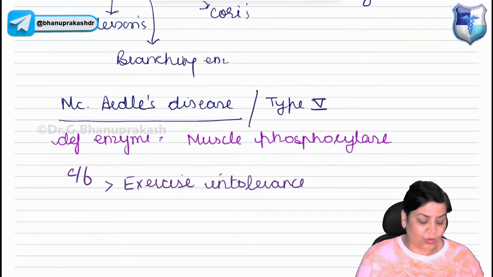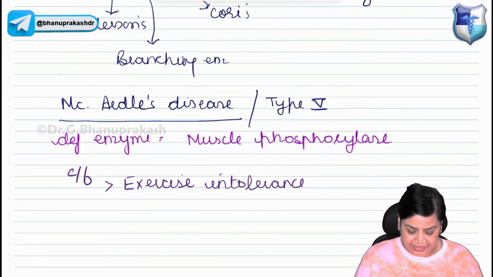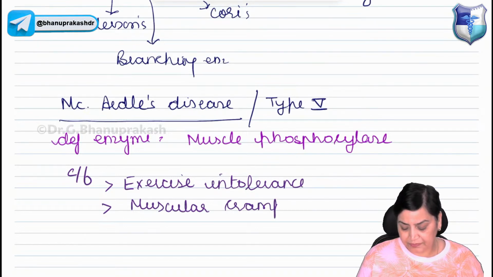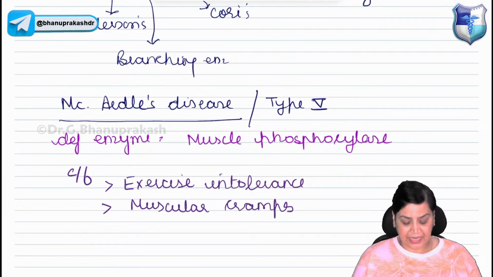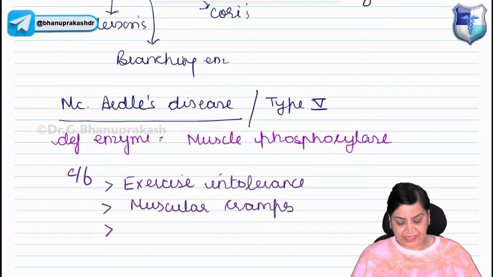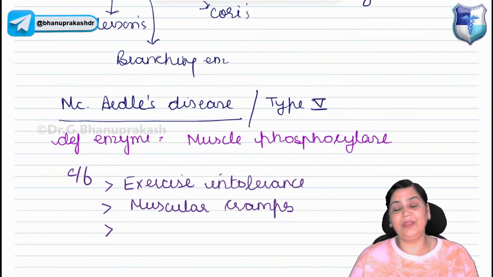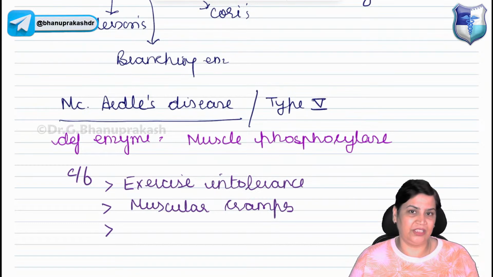The person will be totally intolerant to exercise, and there will be muscular cramps also. The most important feature here is that the color of the urine will change.